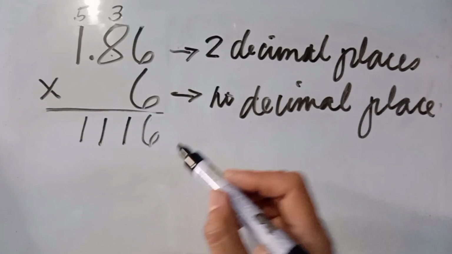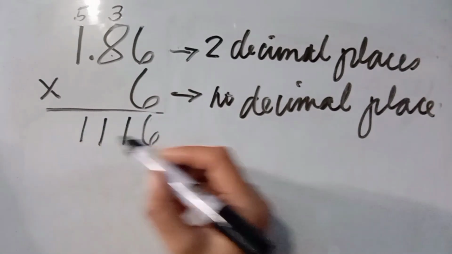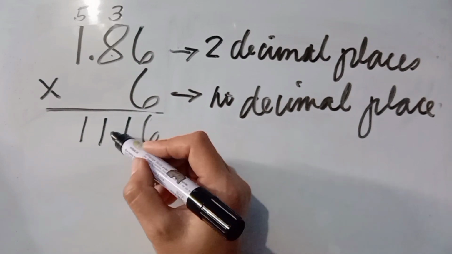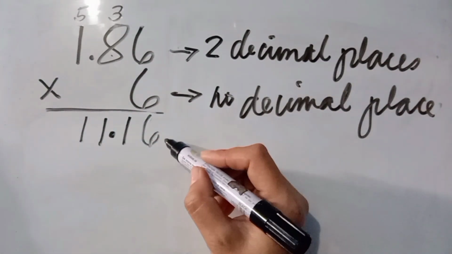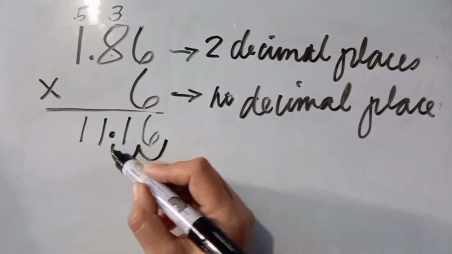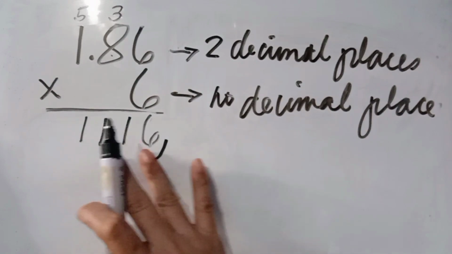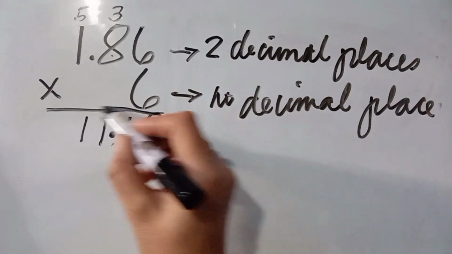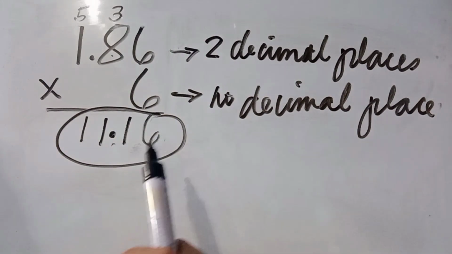We are going to count 2 decimal places from the right to the left. So, 1, 2. Nandito po ang decimal point. Again, 2 decimal places. 1, 2. So, andun po ang ating decimal point. Therefore, the product is 11 and 16 hundredths.